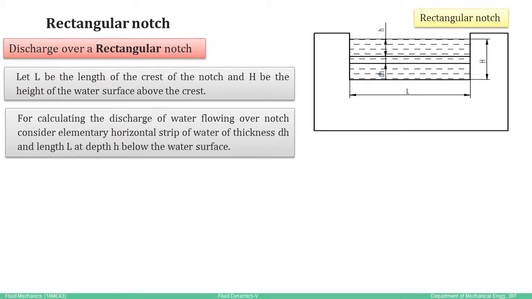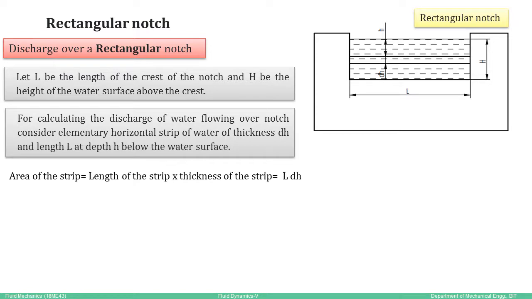Now to calculate the discharge flowing over the notch, we will consider a small element of thickness dh. You can closely observe that the element of thickness dh is h meters below the free surface. This h is the distance between the free surface and the element, dh is the thickness of the element, L is the width of the element, and capital H is the total height above the crest point. You must understand these details first.